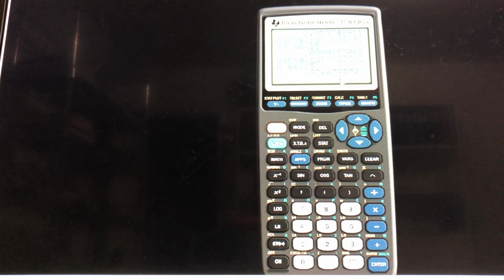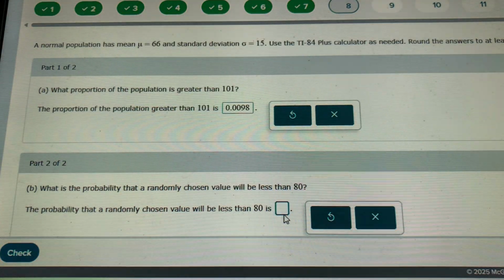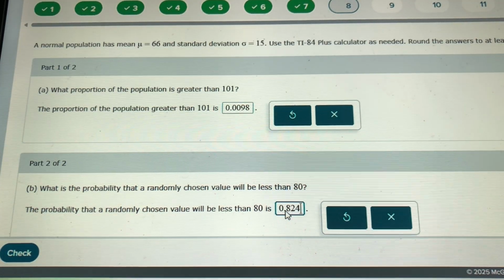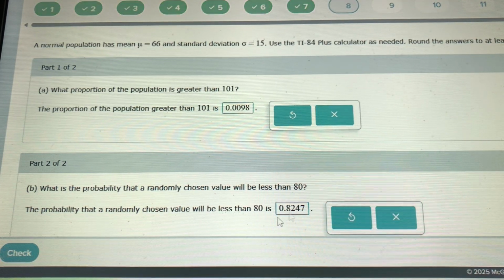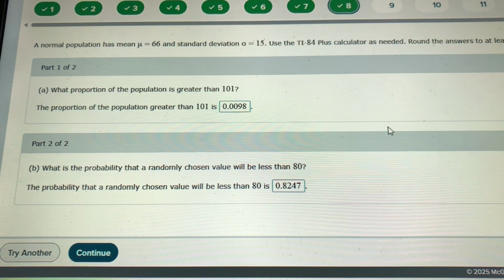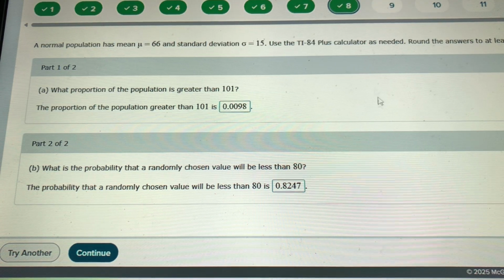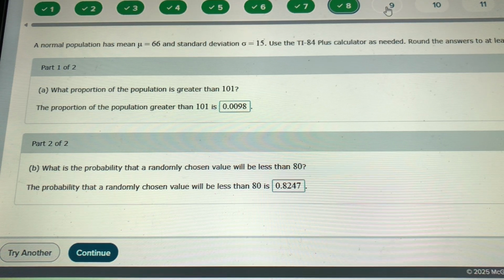The answer is .8247, bumping the 6 up to a 7. There, see, that's the only difference. So 8 is just like 1 through 7, except you don't put 0 and 1 at the end. That's really the only thing different about it.